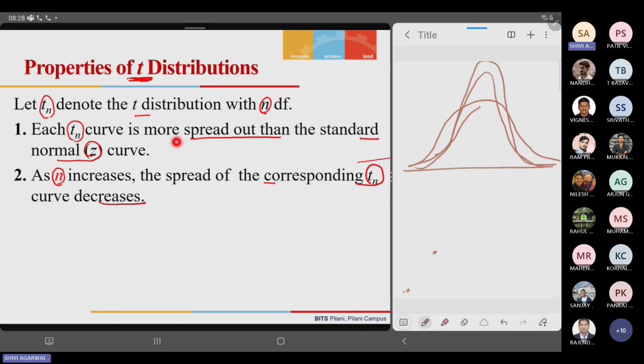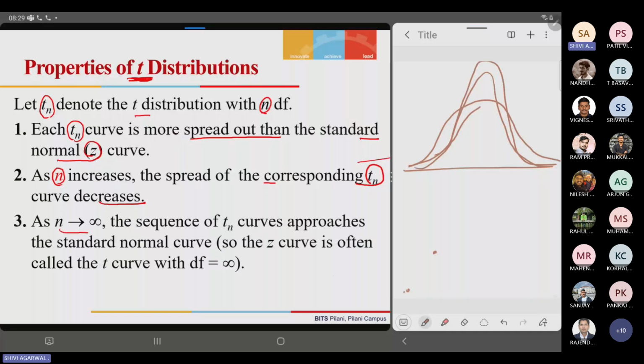That is the concept we are using here. As n tends to infinity, meaning n is very large, the sequence of Tn curves approaches the standard normal distribution curve, and then we can say the Z curve is often called the T curve with degrees of freedom infinity.